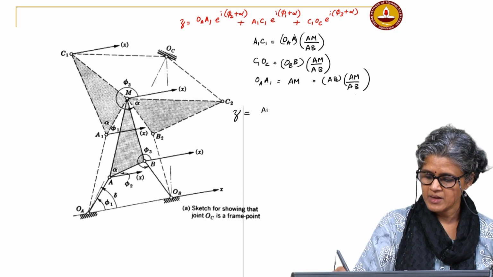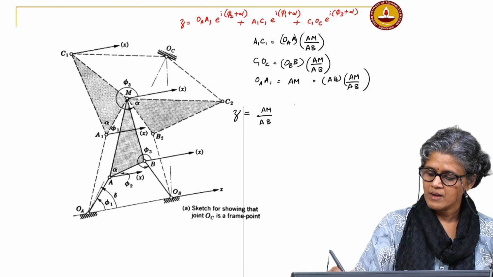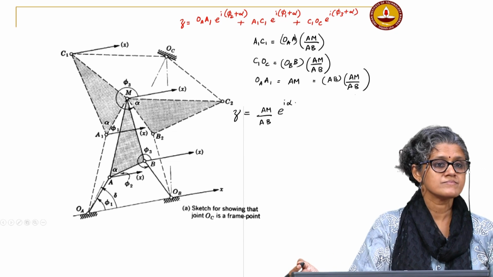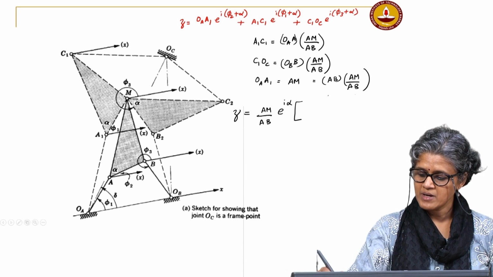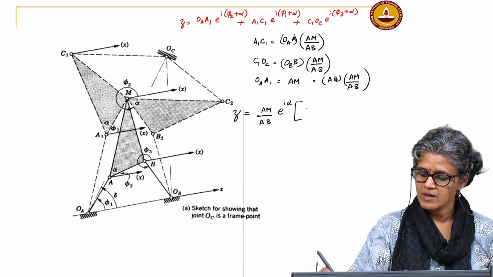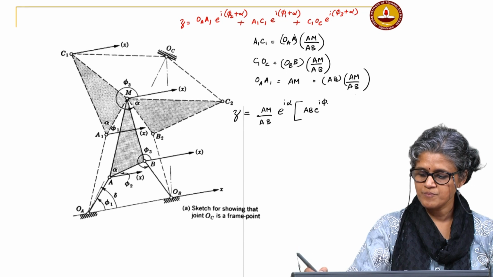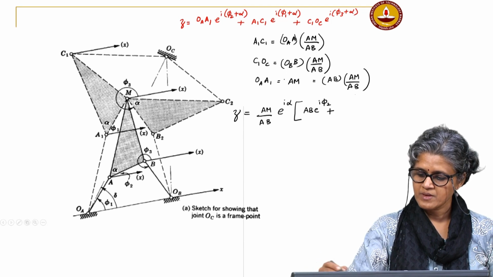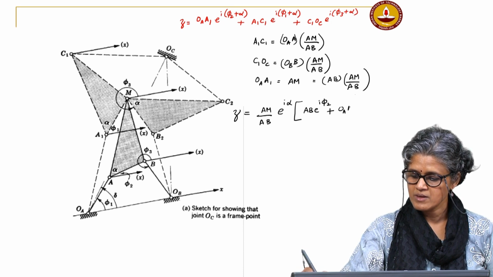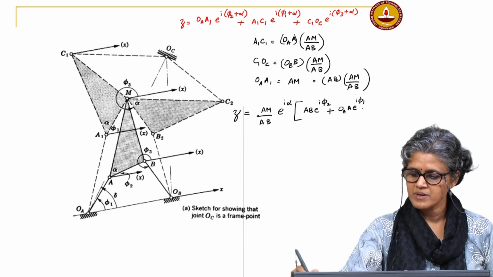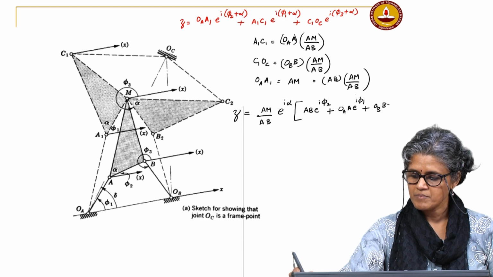AM by AB e power I alpha, I can get that out, and for OAA1 I have AB e power I phi 2 plus, for this one I have OAA e power I phi 1 plus, for this one I have OBB e power I phi 3.